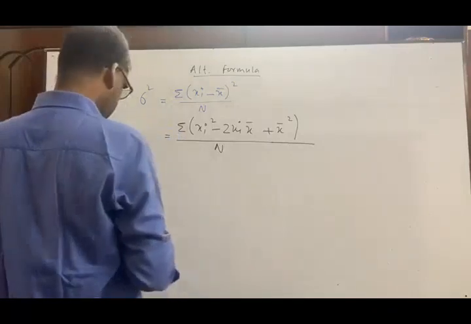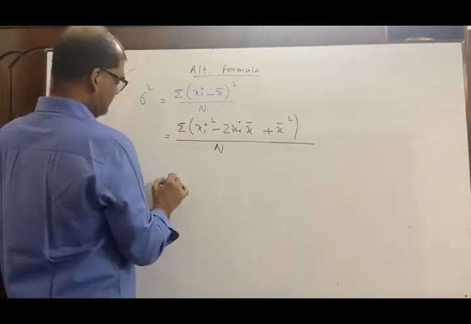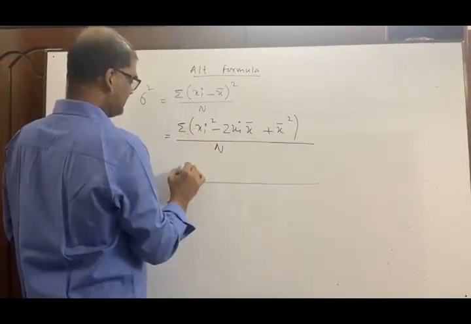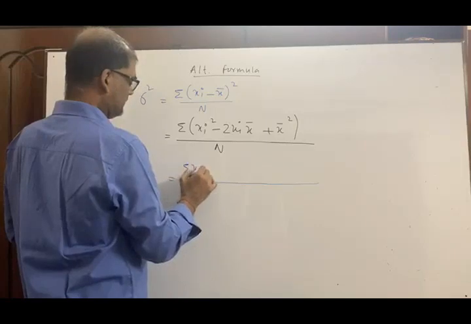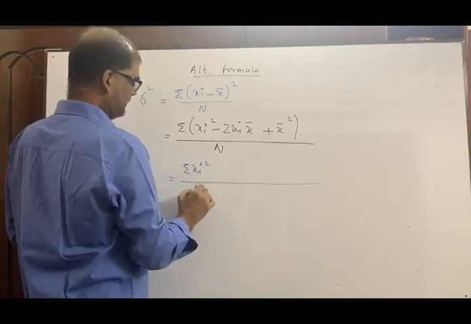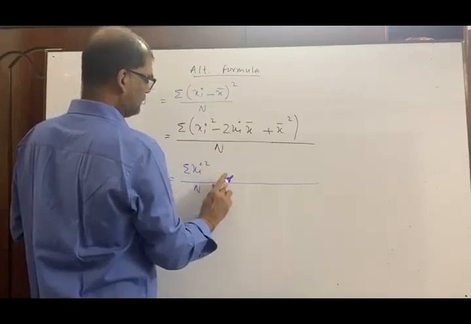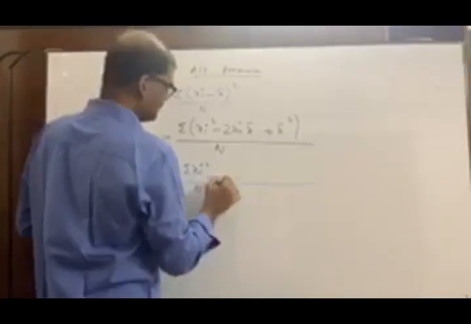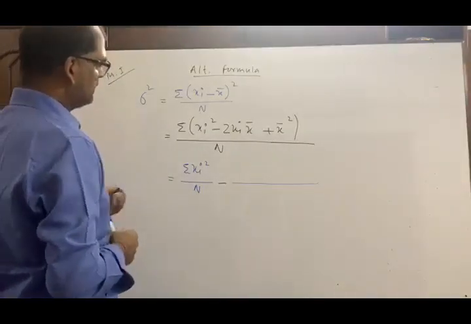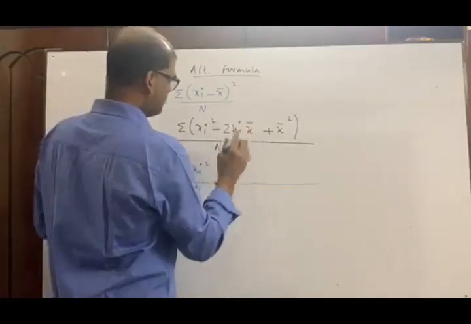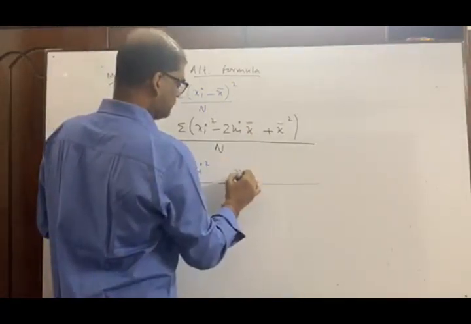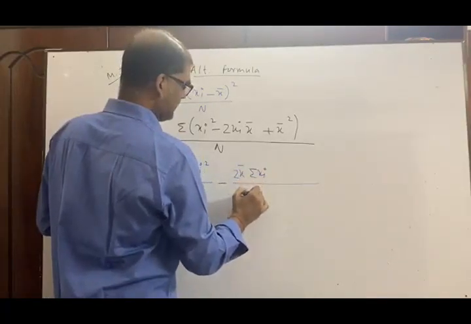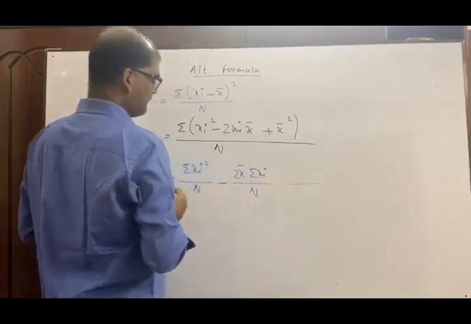Now we can write this is summation xi square by n. Okay, this is minus. Give here minus sign. Then it is x bar, so we can write 2x bar summation xi by n. Please try to understand.